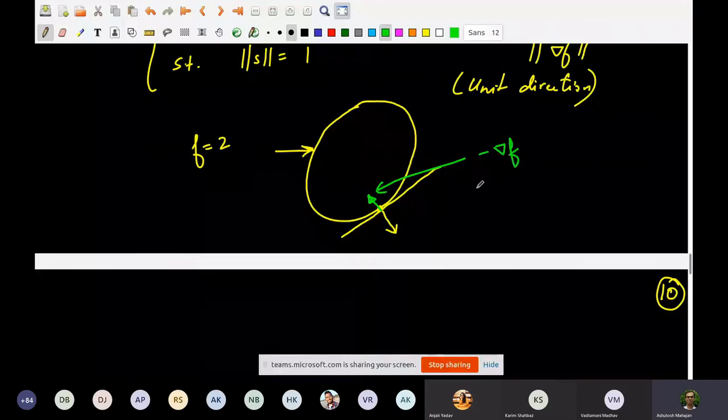If you go perpendicular to this direction, along the tangent locally in a small neighborhood, then you would not see any change in the function, because you will be moving on the contour of f. That means you will be moving along points where it is constant.